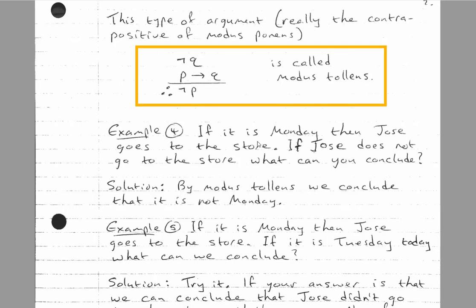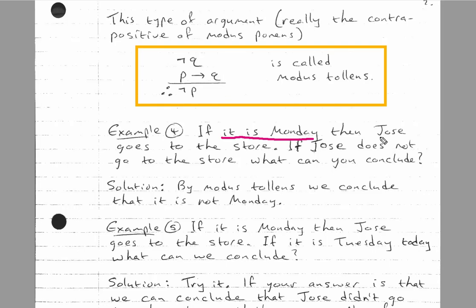Example 4, if it is Monday, then Jose goes to the store. If Jose does not go to the store, what can you conclude? Okay, so matching it to this, P says it is Monday.